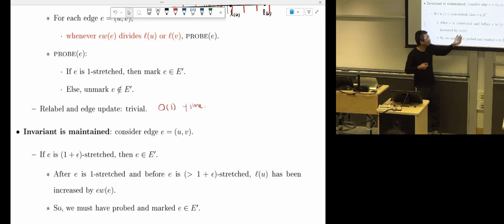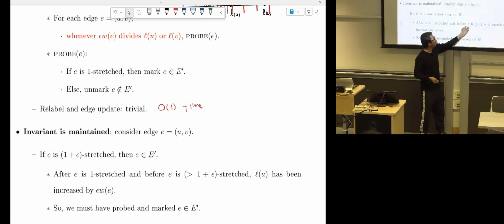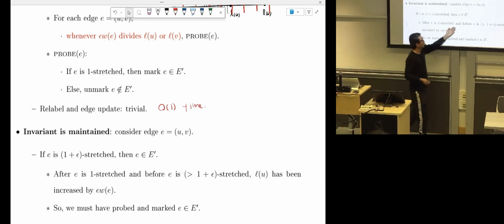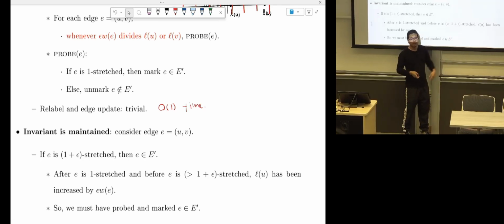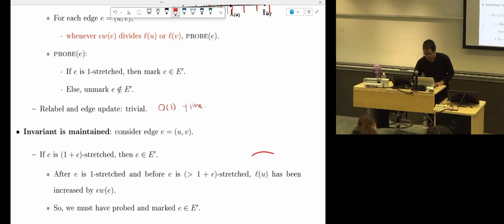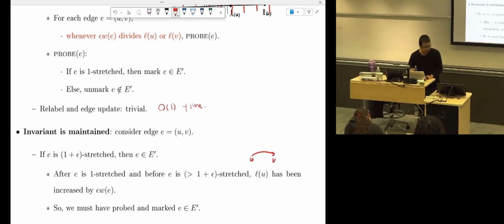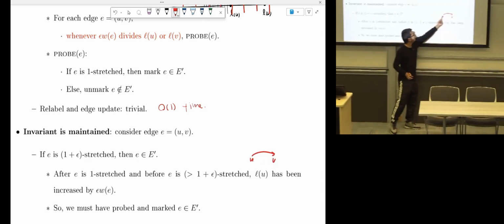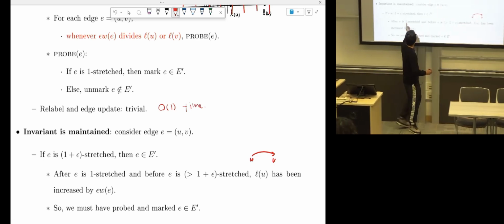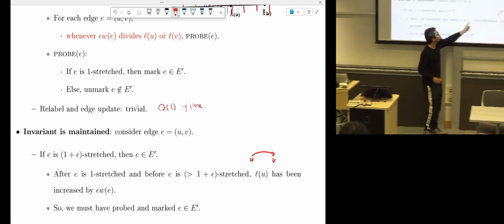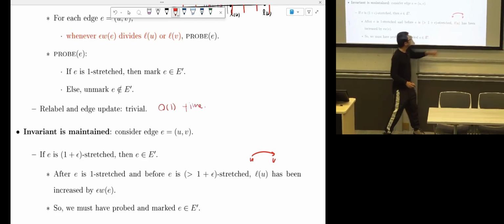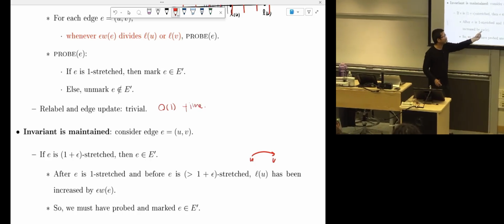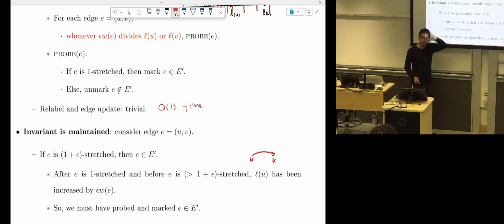Say this is E from U to V. When you keep increasing the level of U, after E is 1 stretched and before it is more than 1 plus epsilon stretched, the level of U must have increased by at least epsilon W.